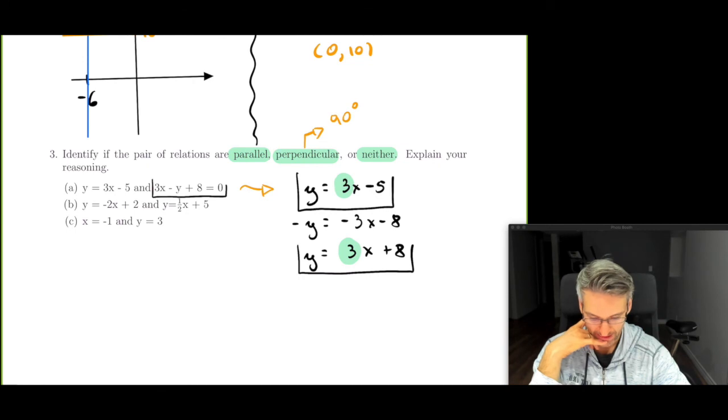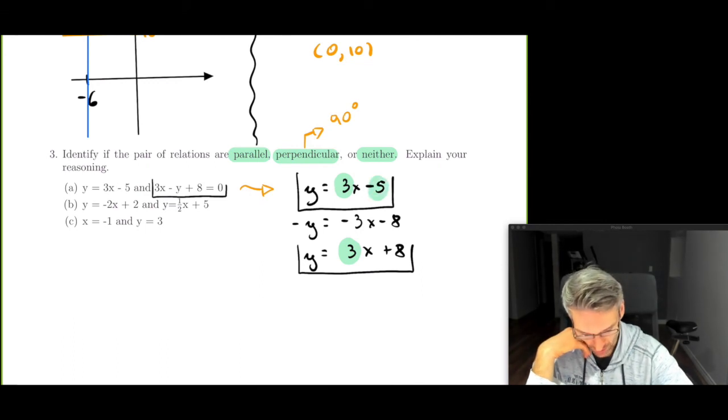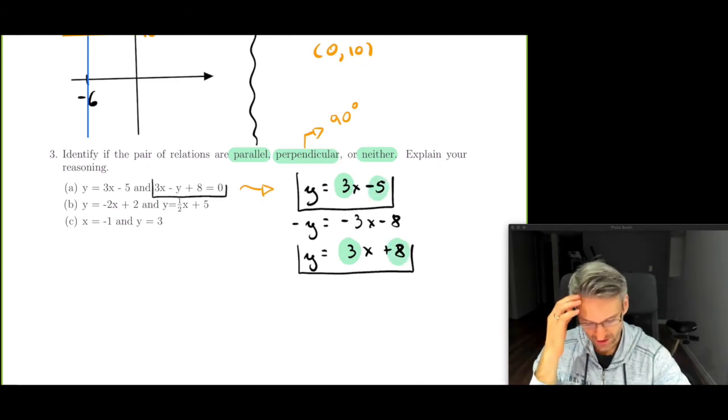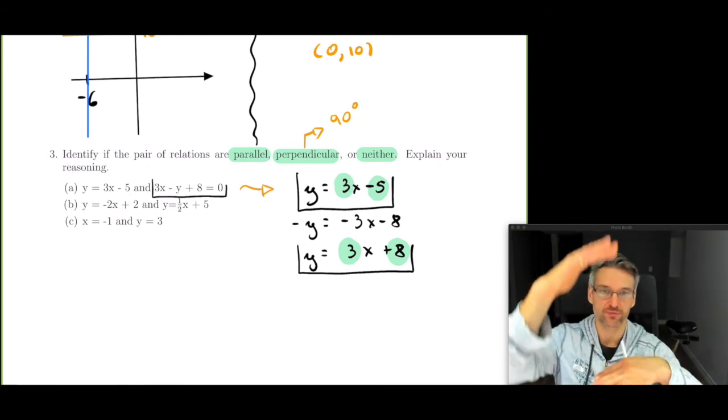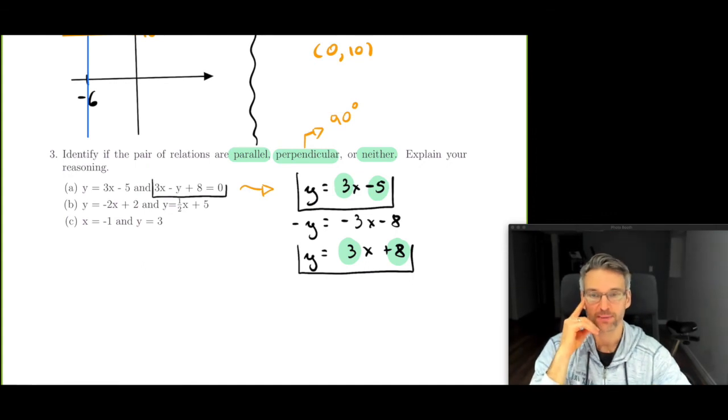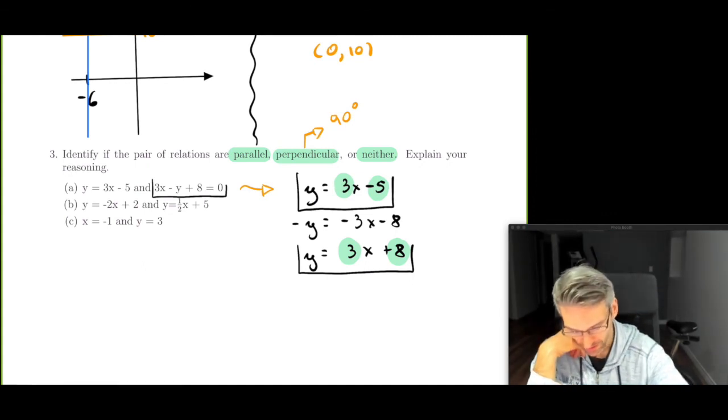They have different y-intercepts, and the slope is 3. One is intersecting at negative 5 and the other one at 8. They're quite a bit apart, but because they have the same slope, these two lines are parallel.